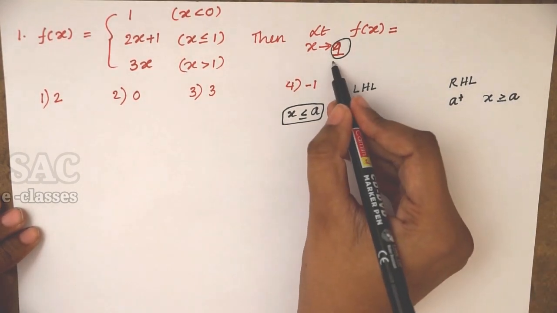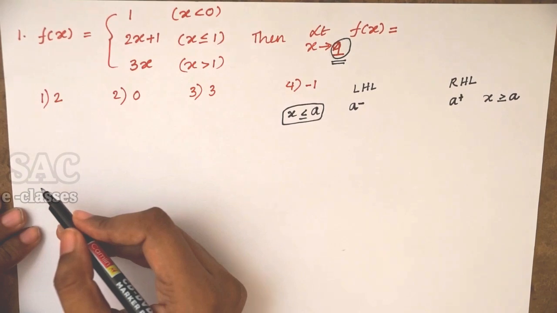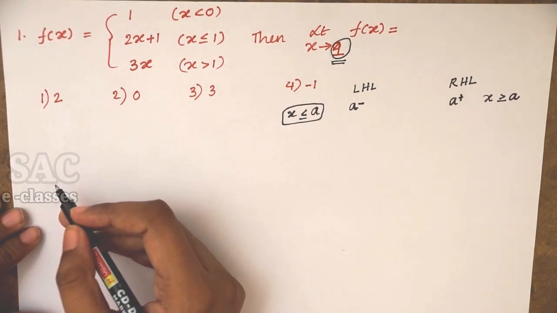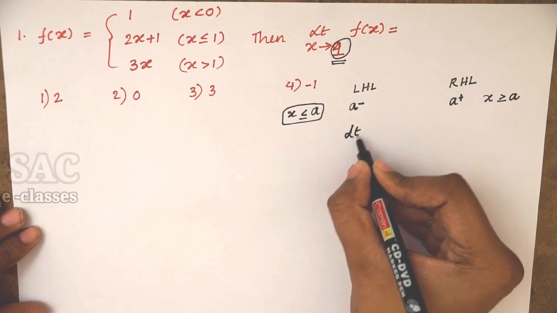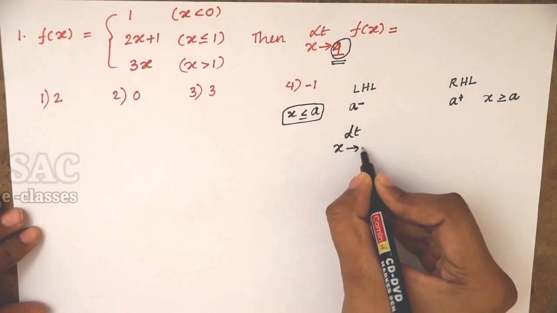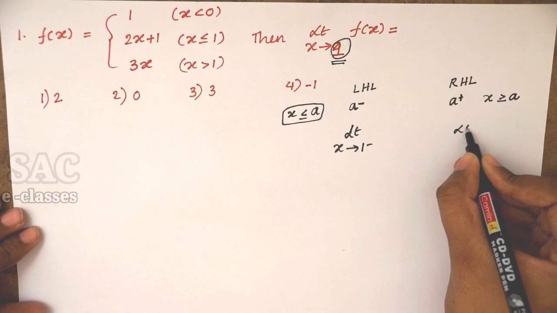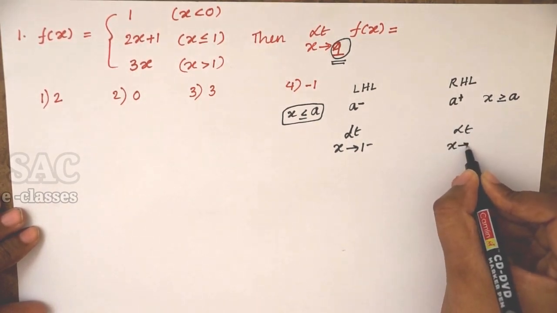You have to verify continuity at 1, so you should verify the limit as x tends to 1 minus and the limit as x tends to 1 plus.